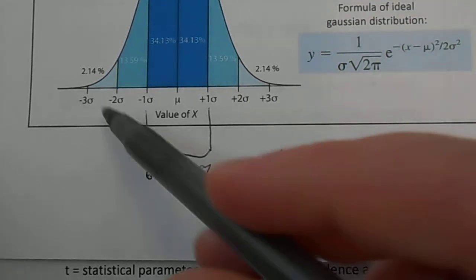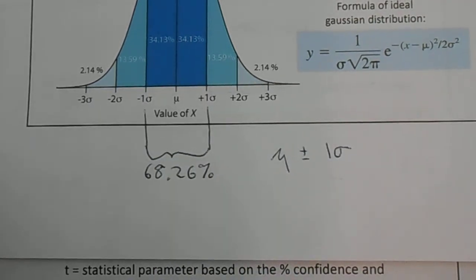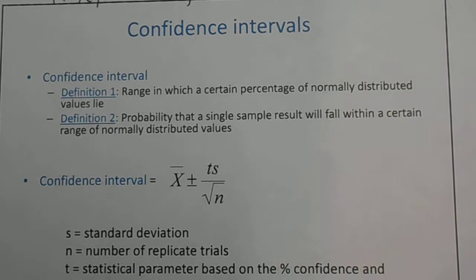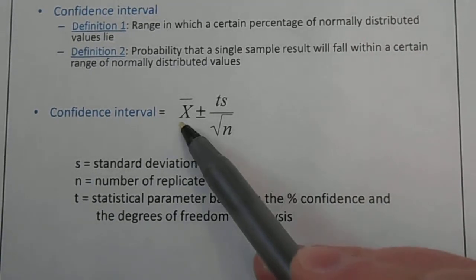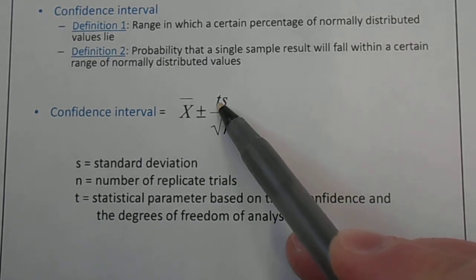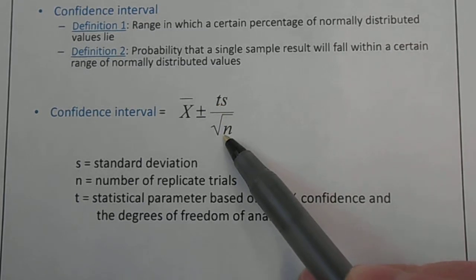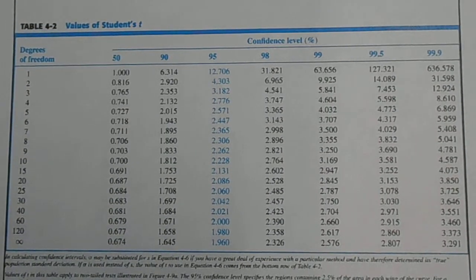So we can use the probability aspect of the Gaussian to predict these confidence intervals for any data set. The way that this is calculated is by taking the mean plus or minus t times S, where S is our standard deviation, divided by the square root of the total number of samples. T we can find from this table, and it depends what confidence level we want.